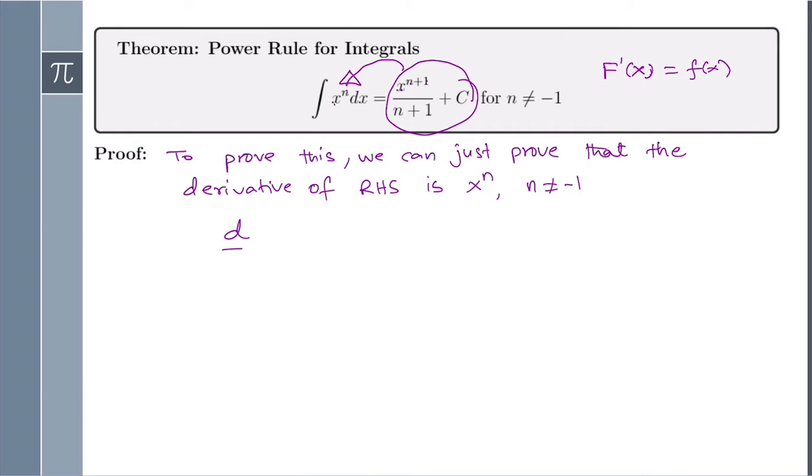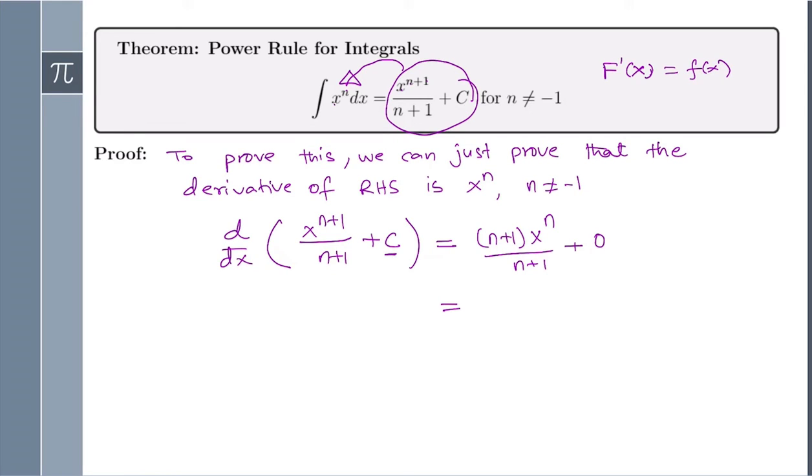Let's find the derivative of the right-hand side, which is x to the n plus 1 divided by n plus 1, plus c. The derivative of x to the n plus 1 is n plus 1 times x to the n. Remember, we subtract 1 from the exponent, so n plus 1 minus 1 is just n, and we already have n plus 1 in the denominator. The derivative of the constant is 0.